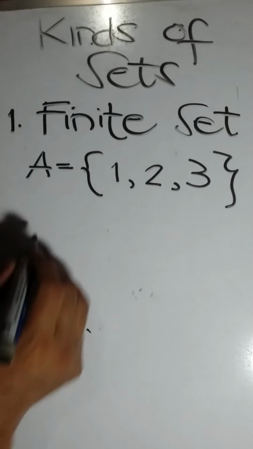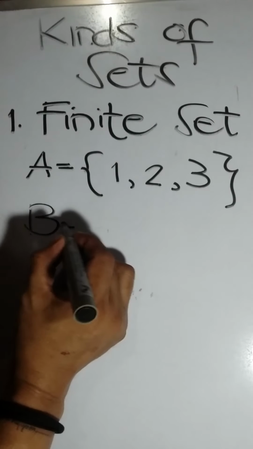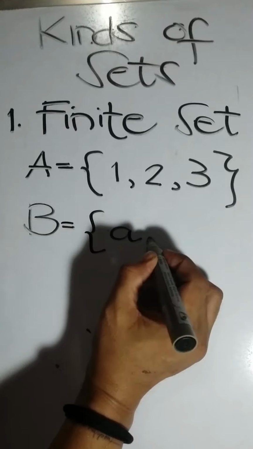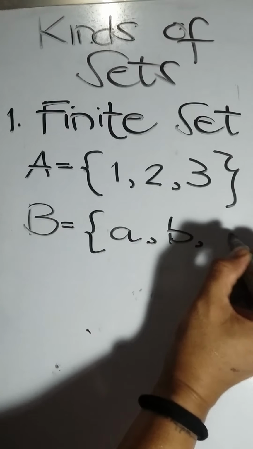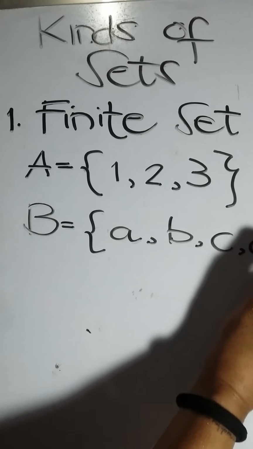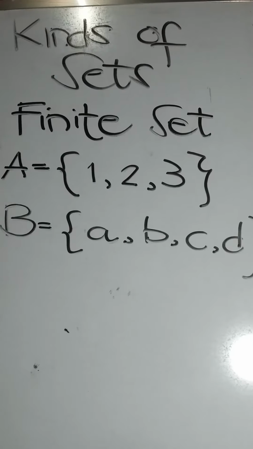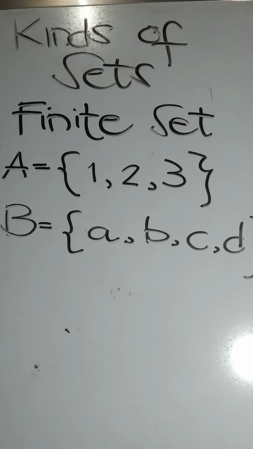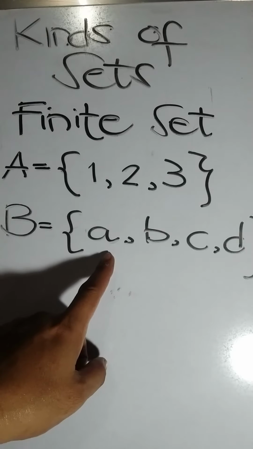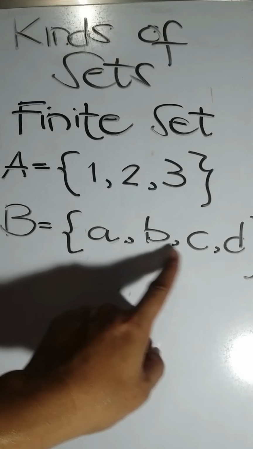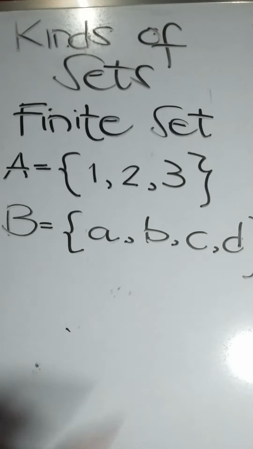Another example. Set B contains element a, element b, element c, and element d.